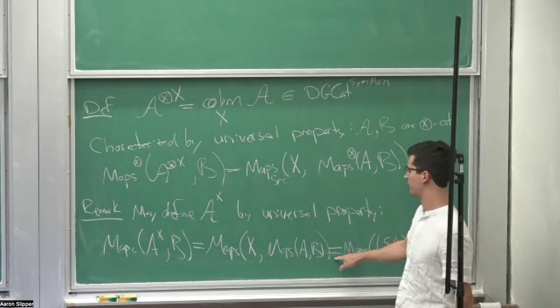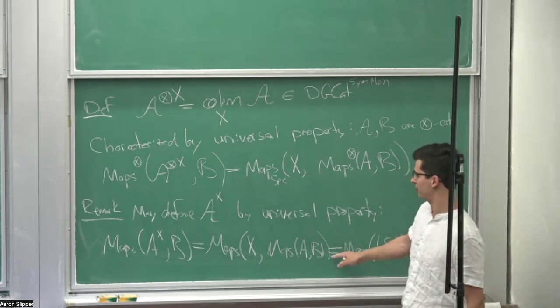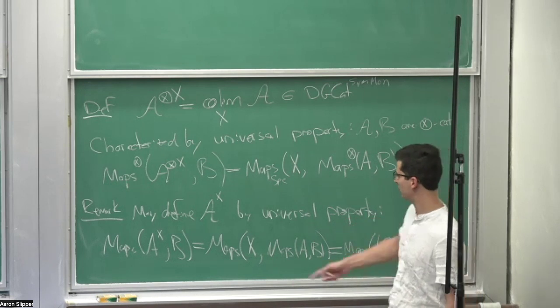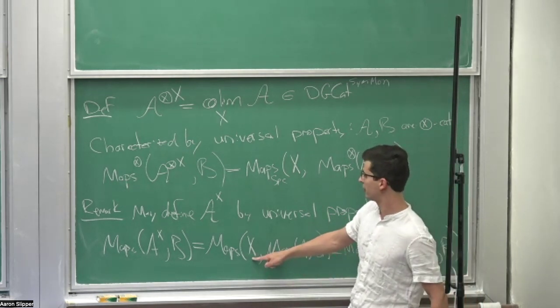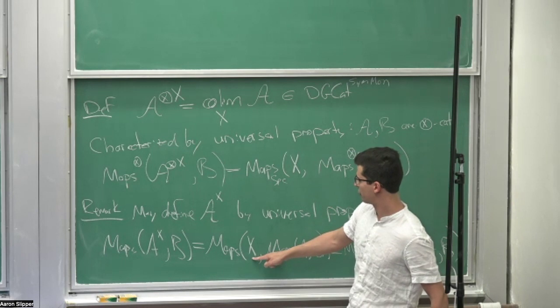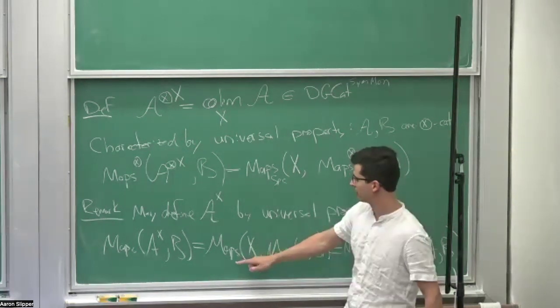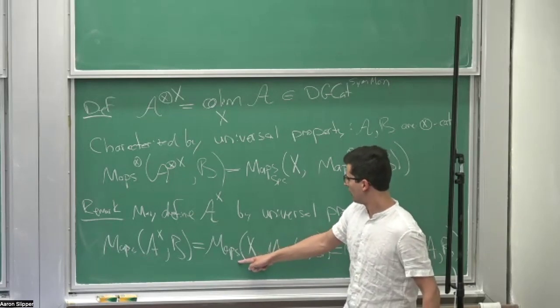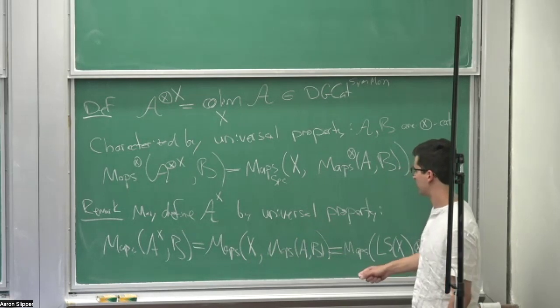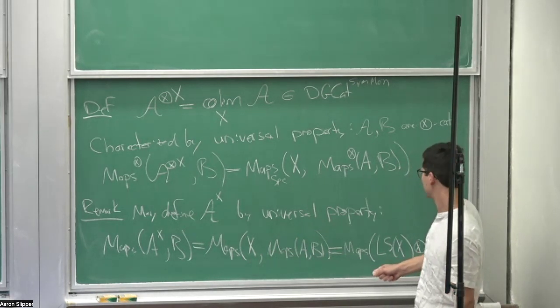First, you use that taking local systems is dualizable. So I can replace X by local systems on X, with the effect of replacing maps in the category of spaces with maps in the category of DG categories. And then maybe I want to use A as dualizable.